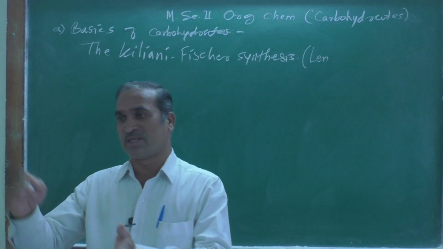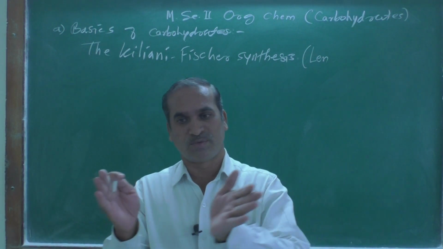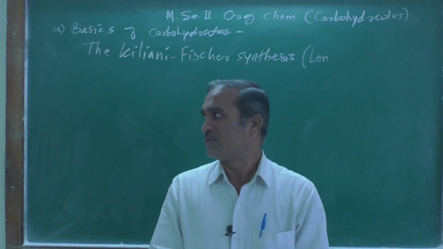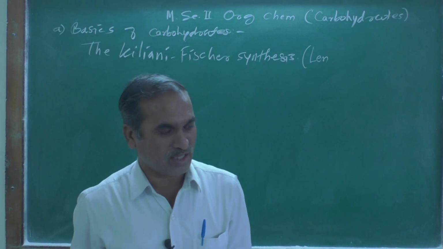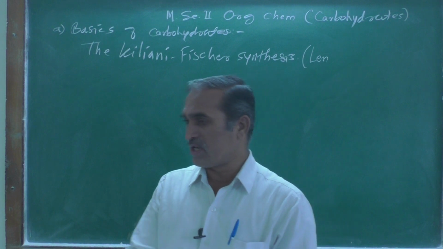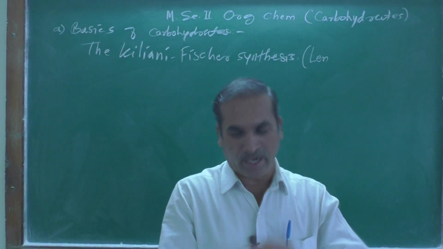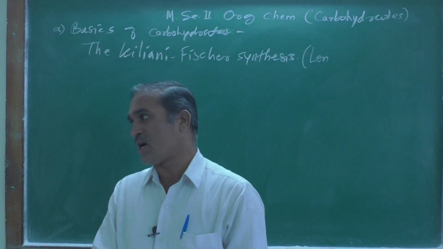Suppose from glyceraldehyde, a triose, we can get a tetrose, then a pentose, or a hexose like this. Here, glycose means we are going to synthesize glucose.